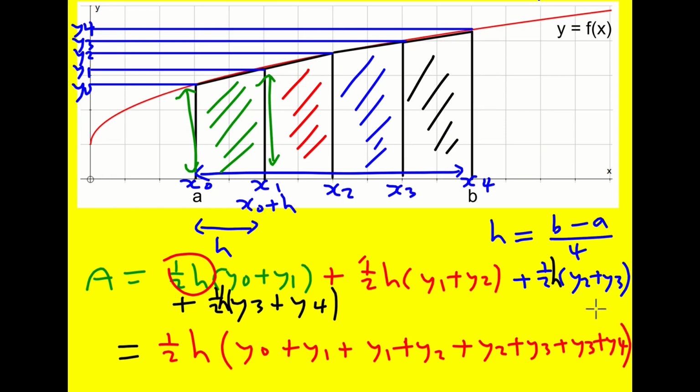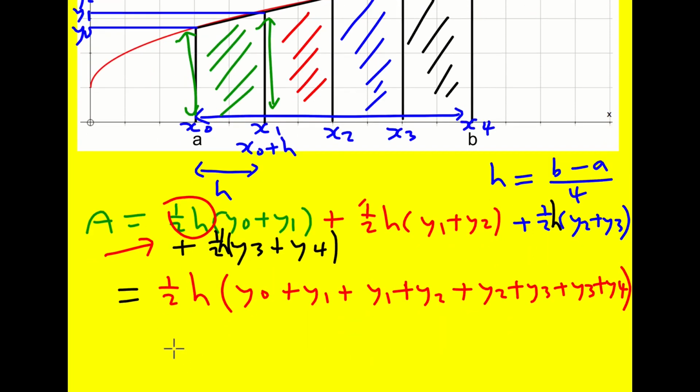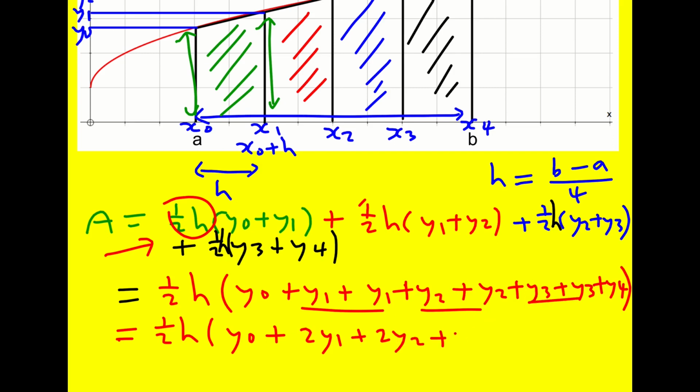And that thing I've just written is exactly the same as this. I've just taken out a common factor of a half h. Why? Because this is a nice bit now. I can simplify it to y0 plus 2 lots of y1 plus 2 lots of y2 plus 2 lots of y3 plus y4. And that is it.